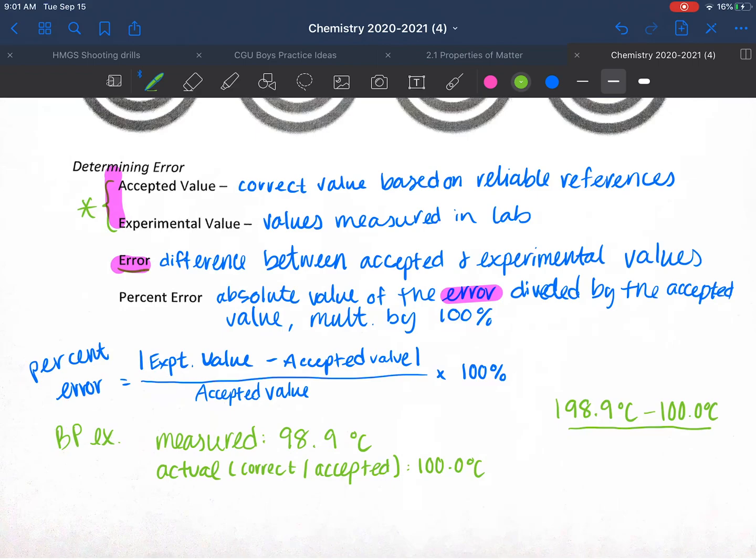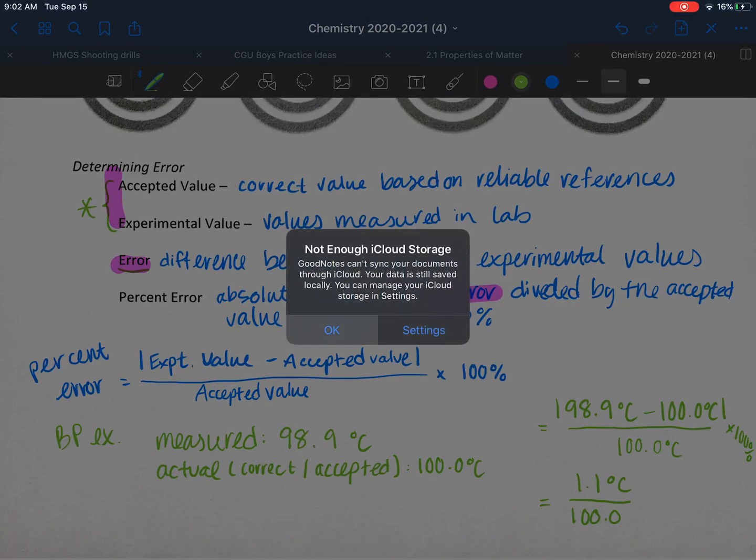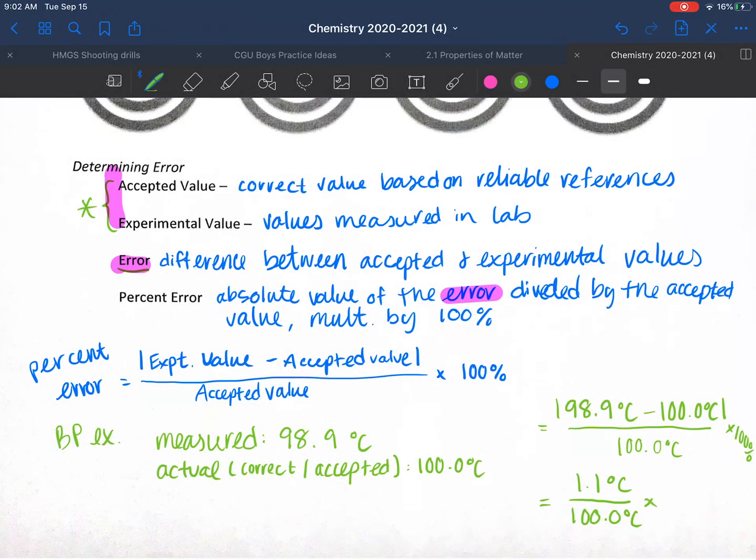We are taking the absolute value and we are dividing it by the actual again, so 100, and multiplying by 100%. So our percent error is equal to 1.1 degrees Celsius over 100 degrees Celsius times 100%, and you should get 1.1% as your answer.